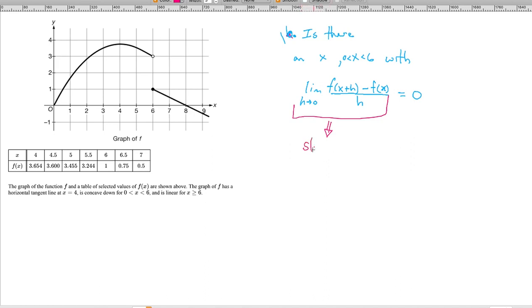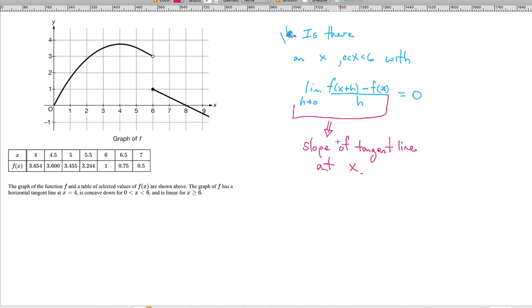This is the slope of the tangent line at x. This limit thing here.